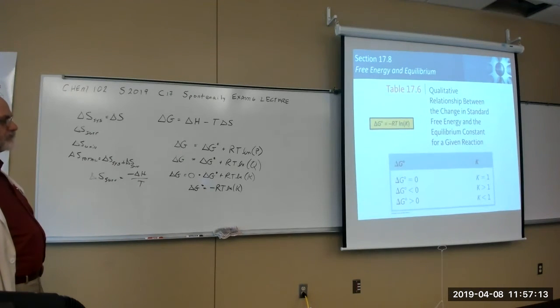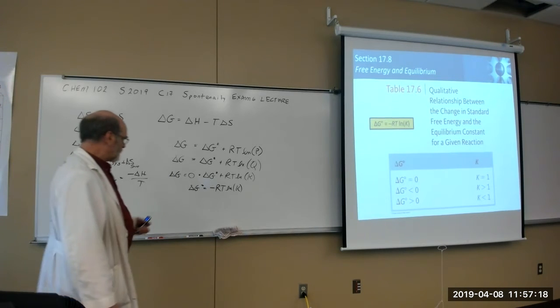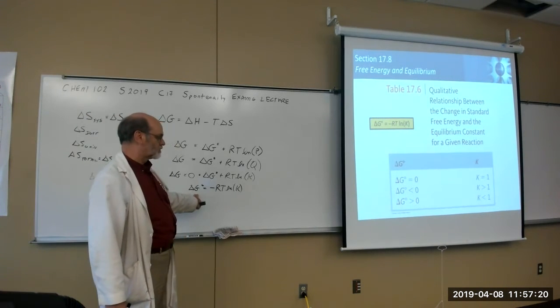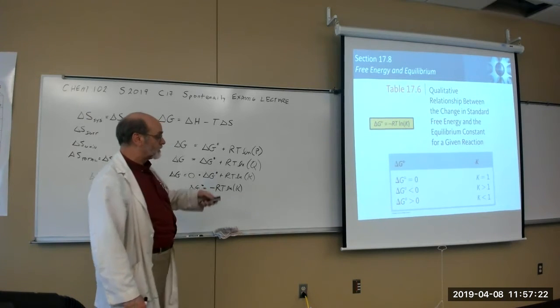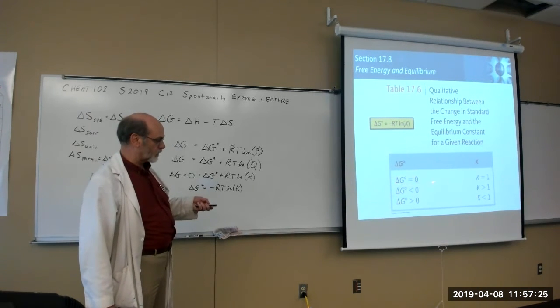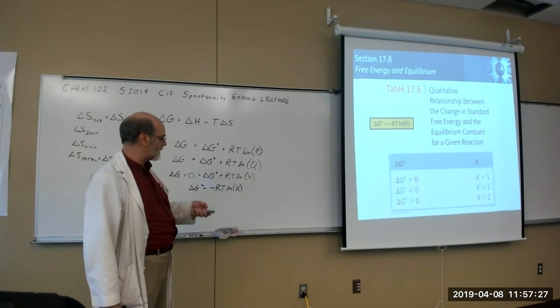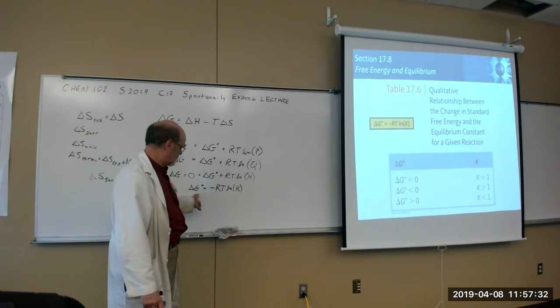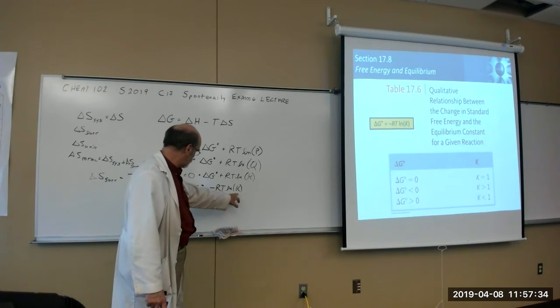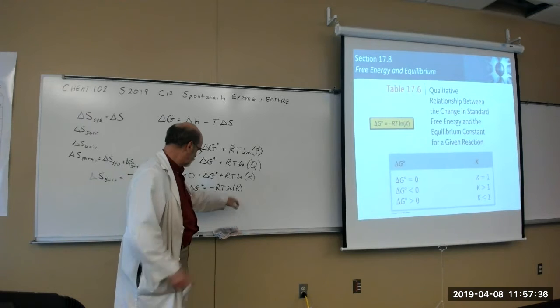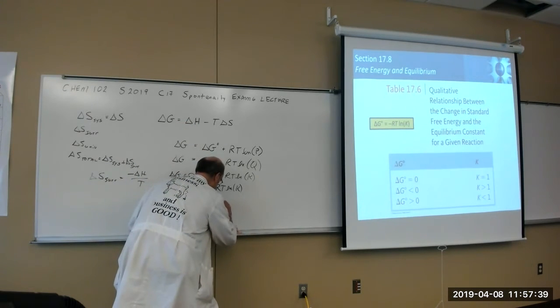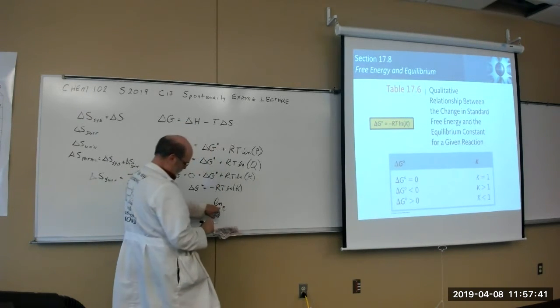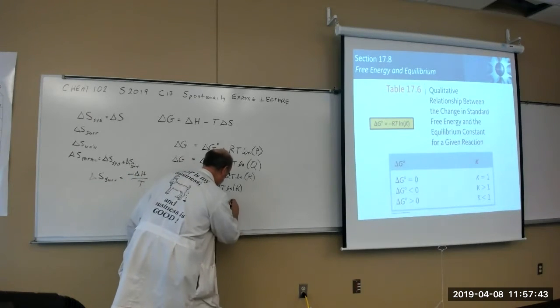Okay, so if the delta G0 though is also equal to 0, what does that say about K? This is 0, then K should be equal to 1. Why? Because the natural log of K is equal to what value?